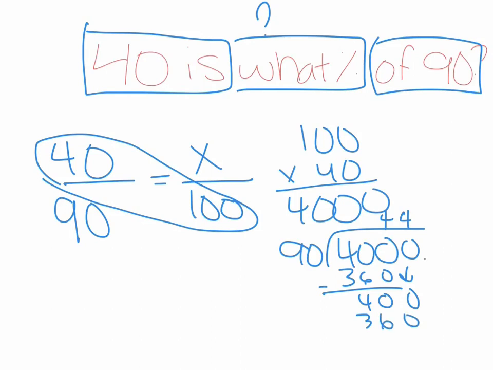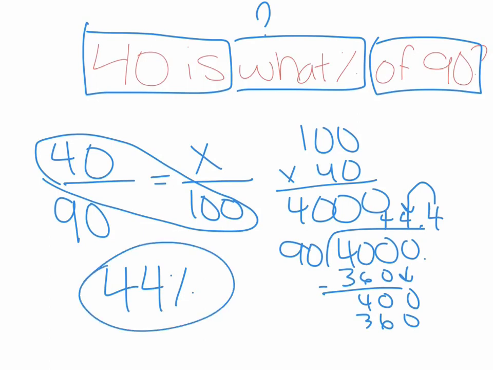As you can see, it's going to be a repeating one. So notice we have 44.4. We want our percents to be rounded to the nearest percent. So this 4 tells this 4 to stay the same. So my answer would be 44%. So 40 is 44% of 90. Make sure you're filling this in on your notes as you're going.